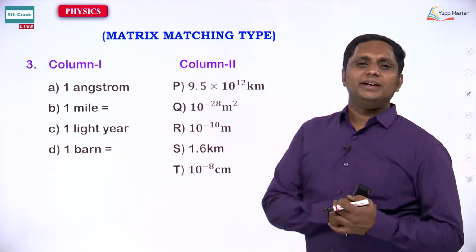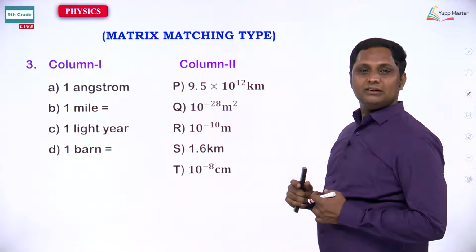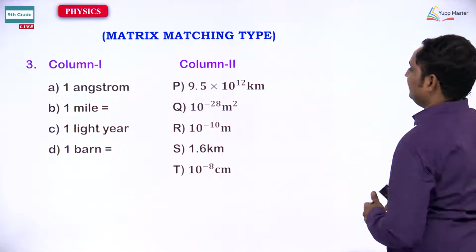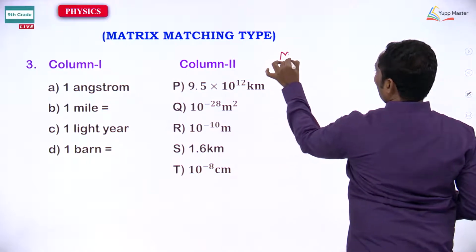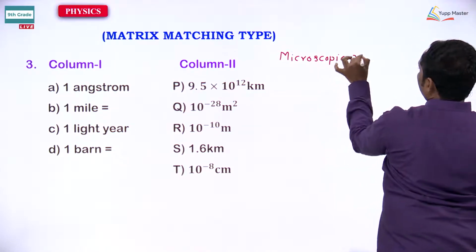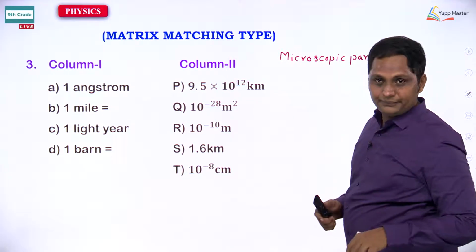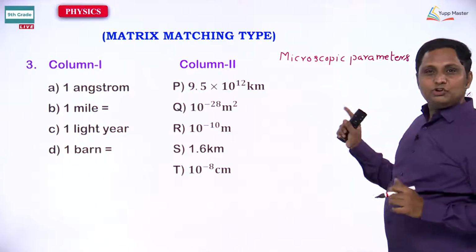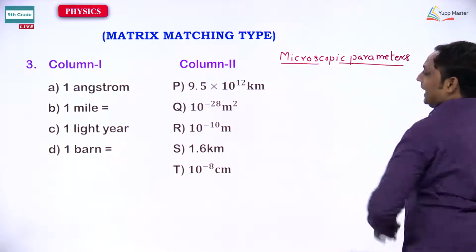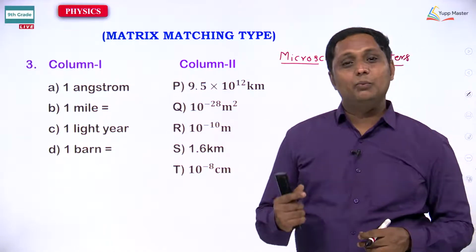Here we are going to take angstrom, mile, light year, and barn. If we take the microscopic parameters, they are going to be estimated in terms of angstrom units, in terms of Fermi, in terms of barn.